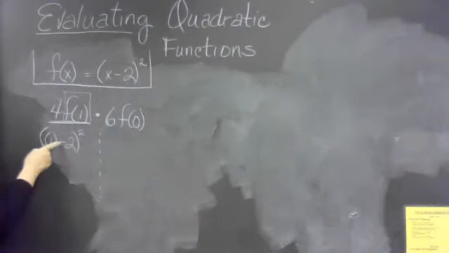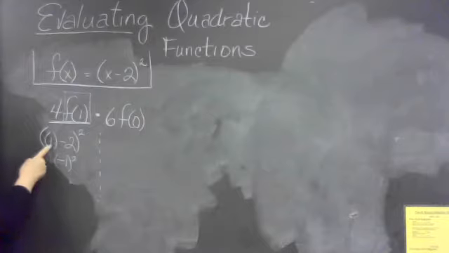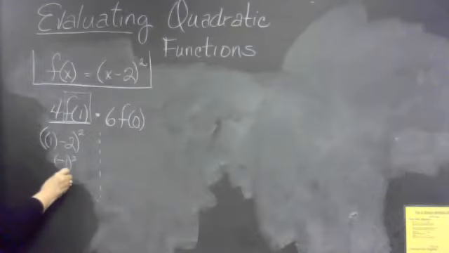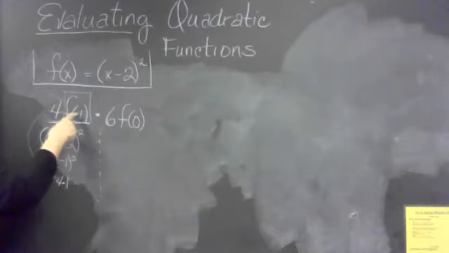So 1 minus 2 in the parentheses is a negative 1 squared. Negative times a negative is a positive 1. And then remember that we need to take 4 times that answer.